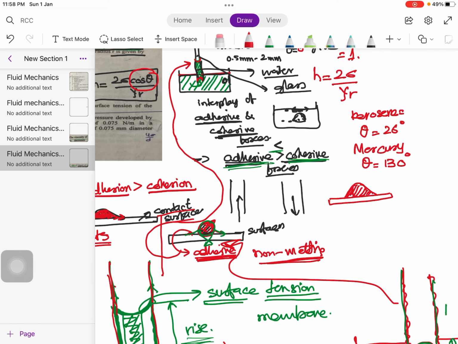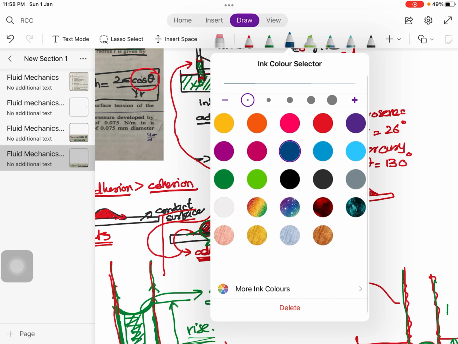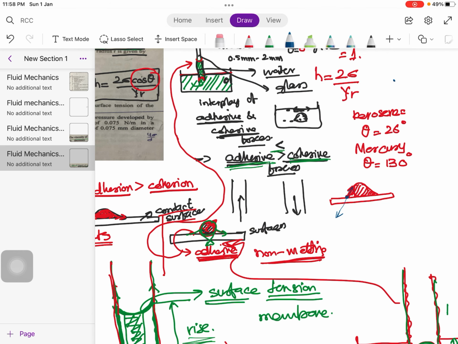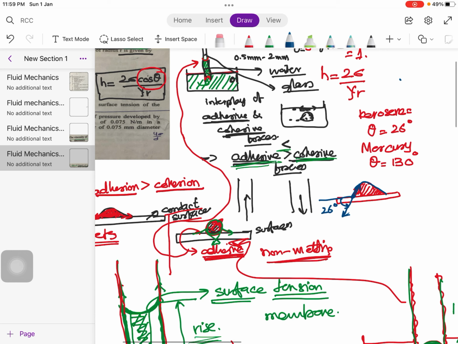Here we would have surface tension and an equal force causing kerosene to remain in equilibrium, and this force would be inclined at 26 degrees, or the surface of the kerosene in contact with glass makes an angle of 26 degrees.